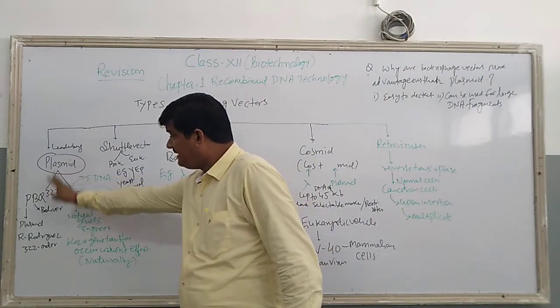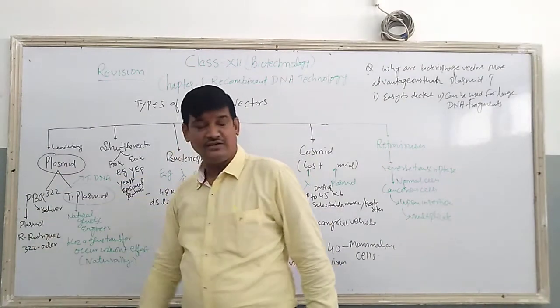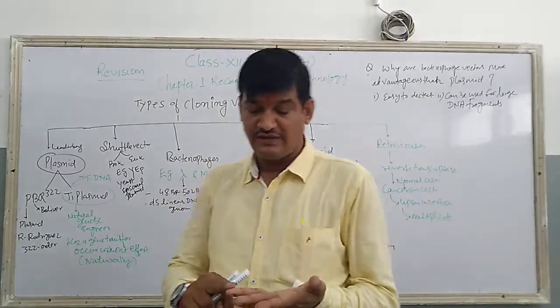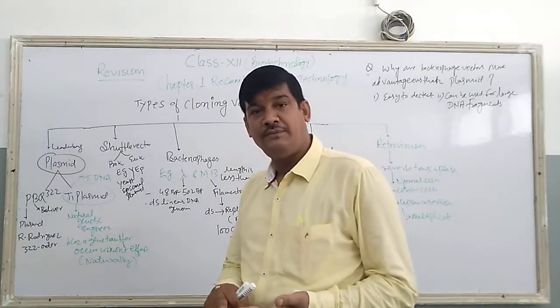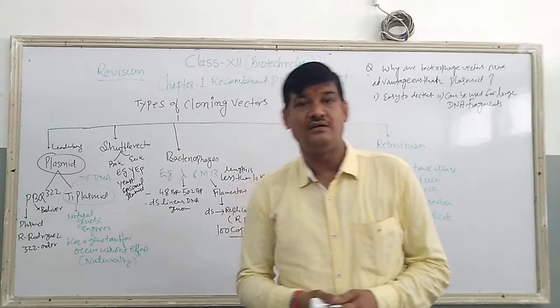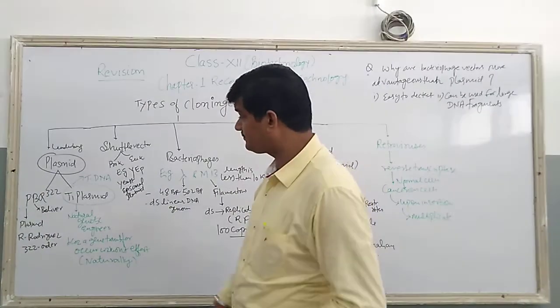The properties of pBR322: it has an ori region, selectable markers, self-replication power, and recognition sites or restriction sites.